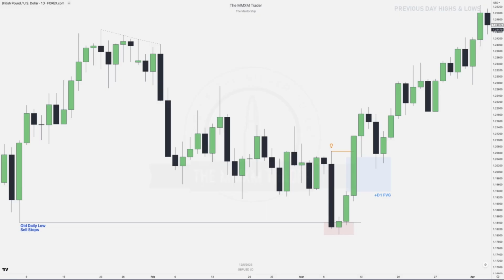Now let's annotate a break of structure. Over here this was the last swing high in this down move, and it got taken out by this big bullish candle. Now this is significant because we already took out this old daily low.